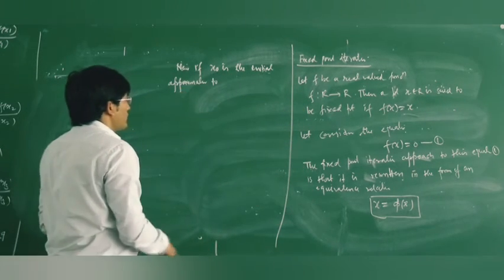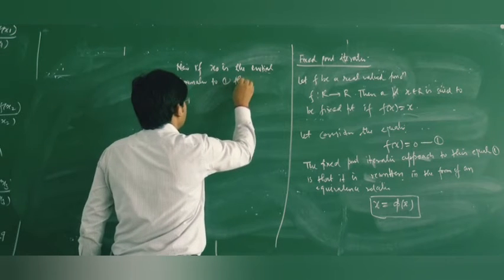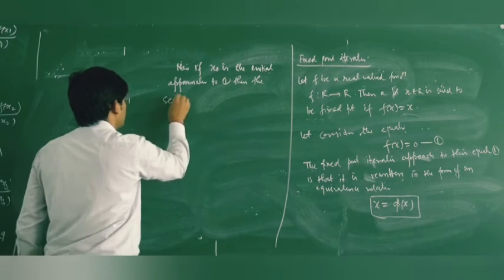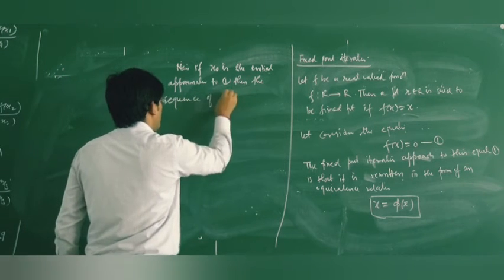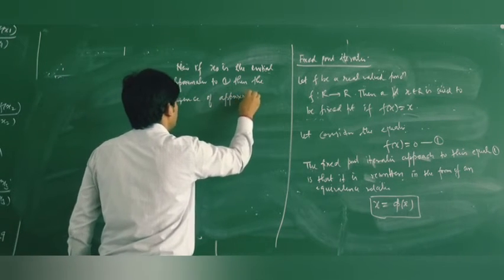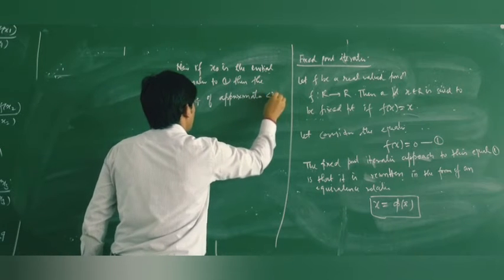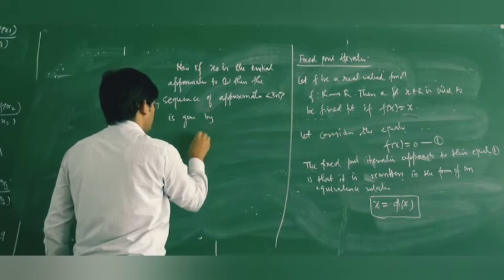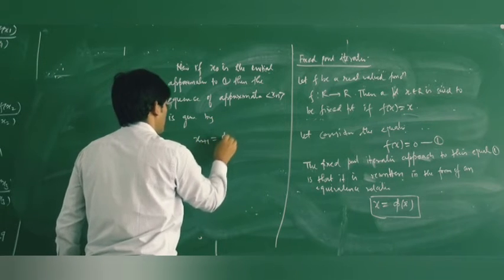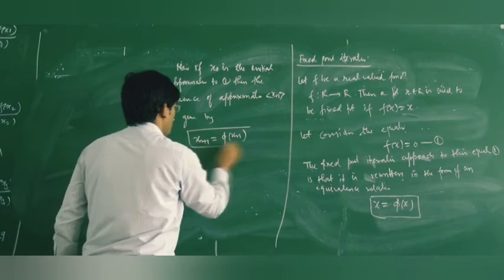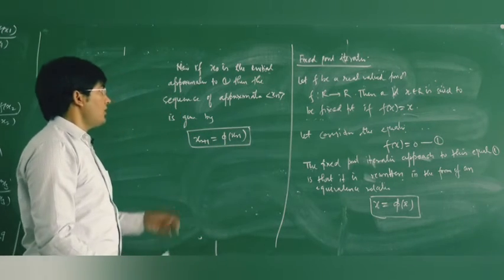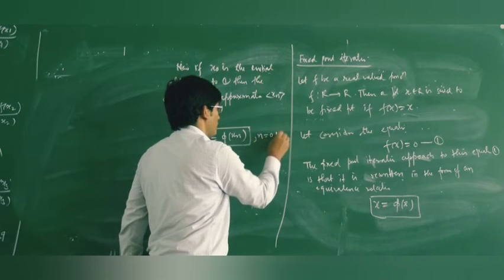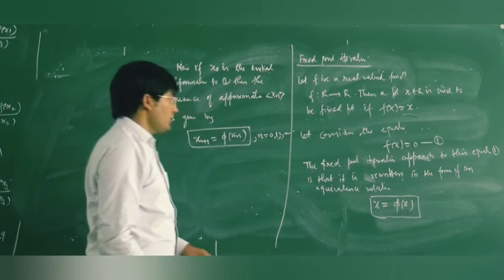If x naught is the initial approximation to 1, then the sequence of approximation is given by this equation, where n is equal to 0, 1, 2, 3 and so on.